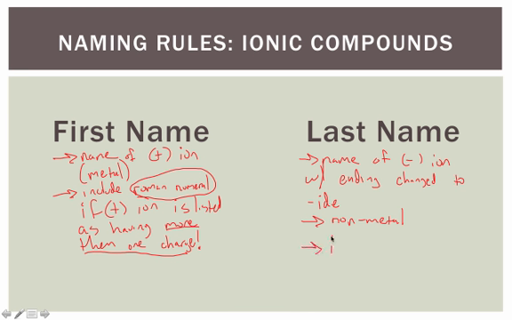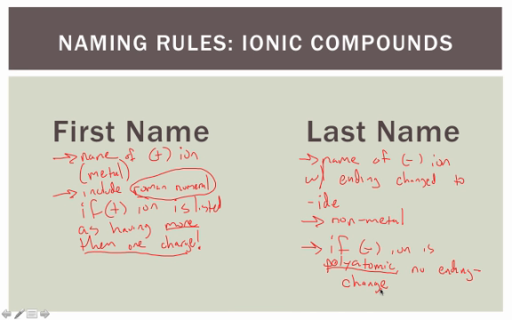The only other rule we have to deal with for the last name is that if your negative ion is polyatomic, then there's going to be no ending change. Again, we haven't talked about what polyatomic means yet, but as we identify it later, if you do have a polyatomic ion you're dealing with in your last name, we're going to have no ending change. You're going to copy down the name as you see it on your actual sheet.